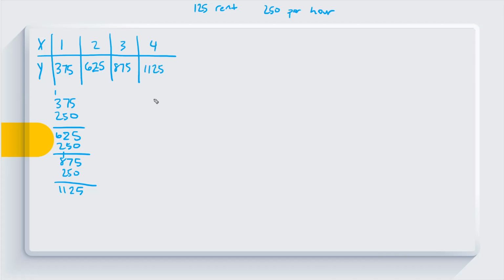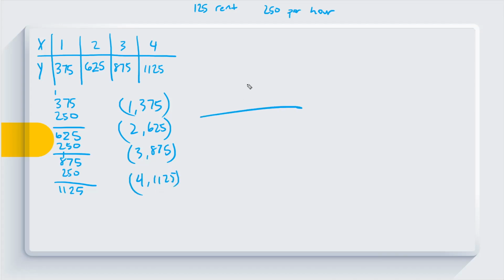Okay. So here we have our 4 possible values. There are a lot more than that, but there are just 4 of them. If we were to write these as ordered pairs, they would be 1, 375, 2, 625, 3, 875, and 4, 1125.